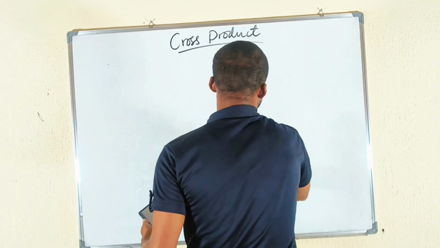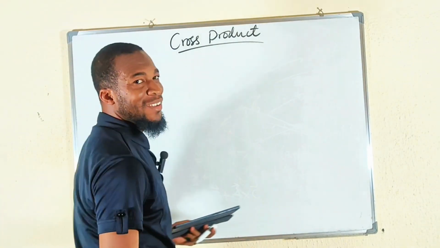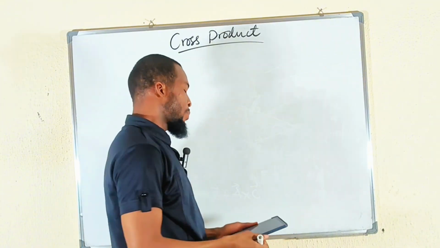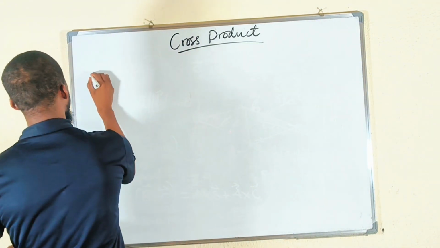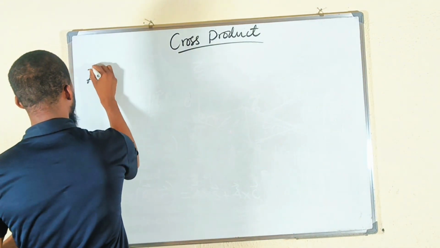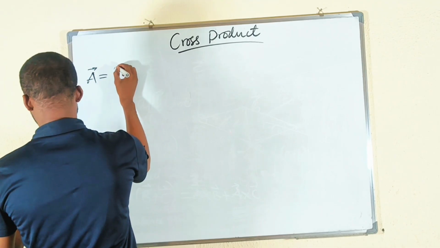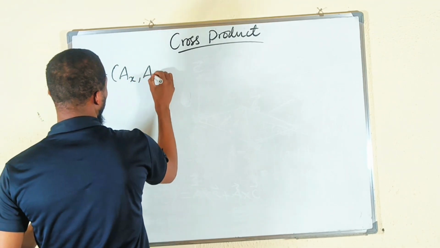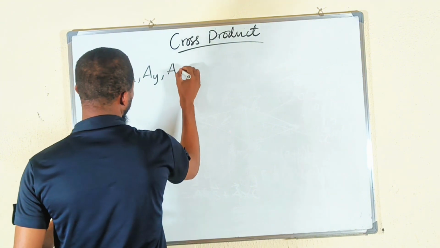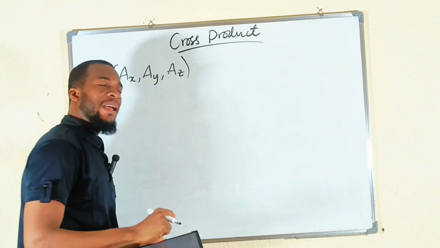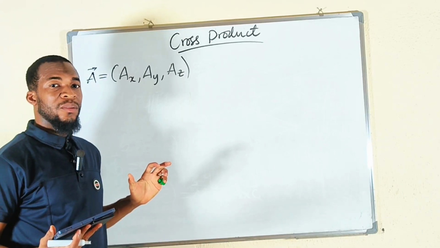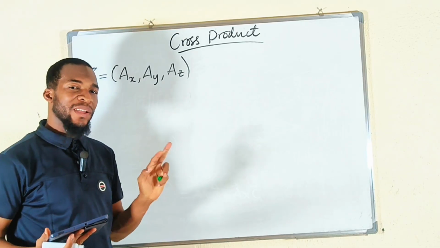But you have to be familiar with the determinant of a matrix. So if you have a vector A that has these components, A sub x, A sub y, and A sub z. Oh, another thing I forgot to tell you is, don't even think of two-dimensional vectors.